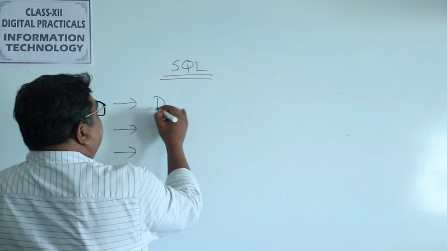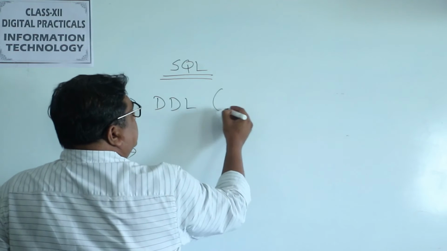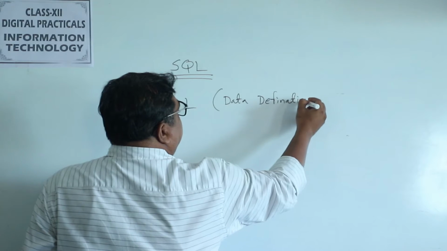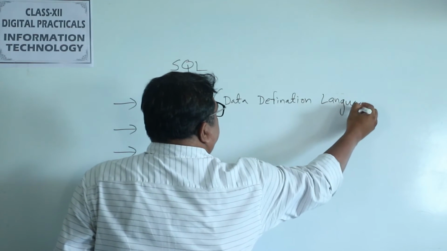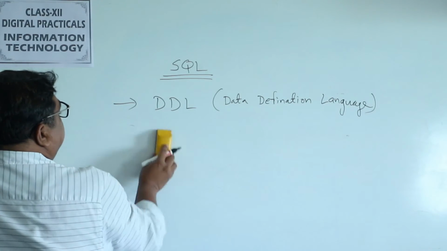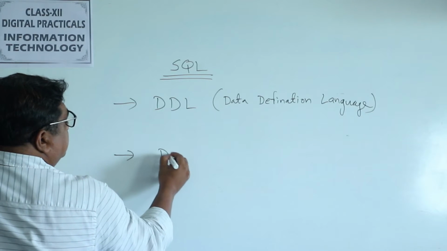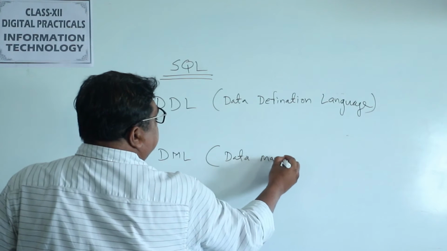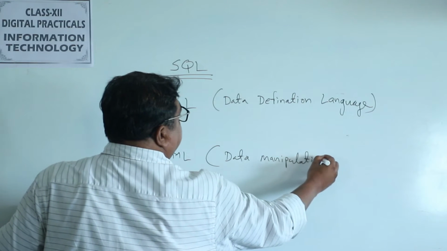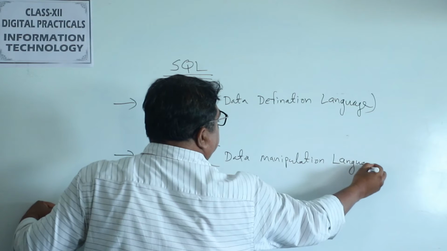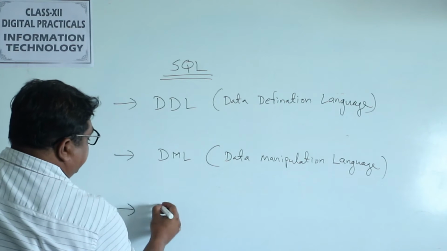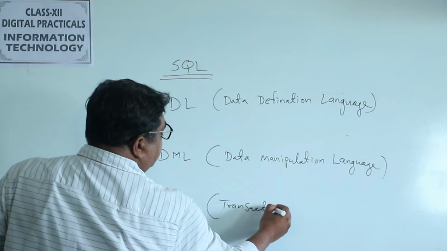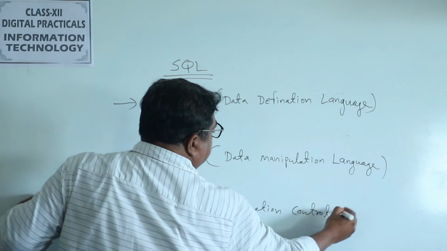That is DDL, which stands for Data Definition Language, and DML, which stands for Data Manipulation Language, and TCL, that is Transaction Control Language.